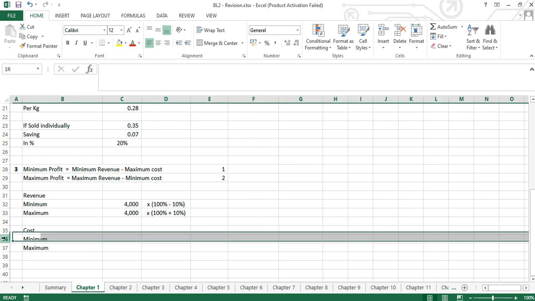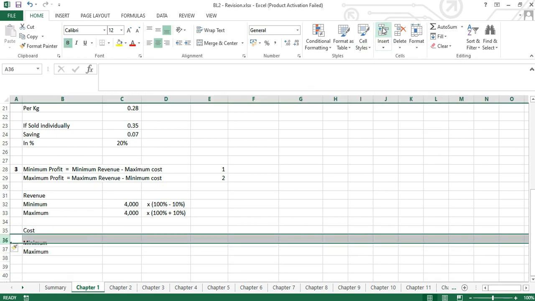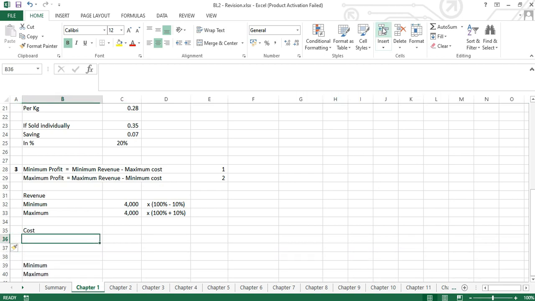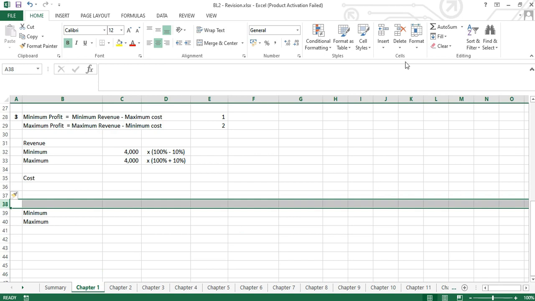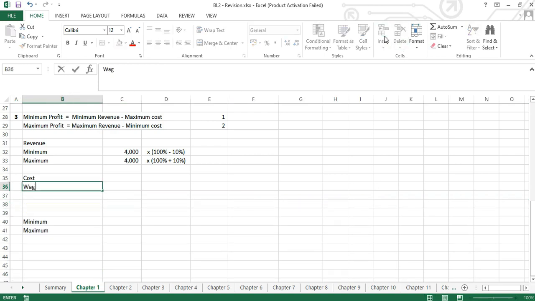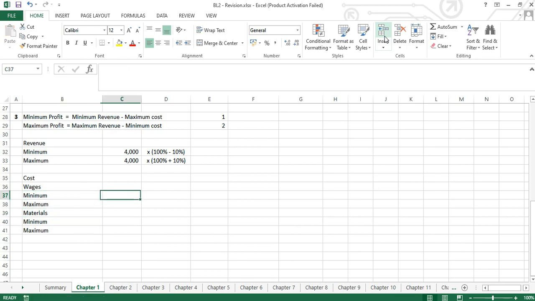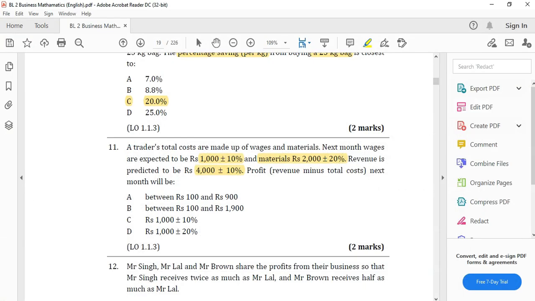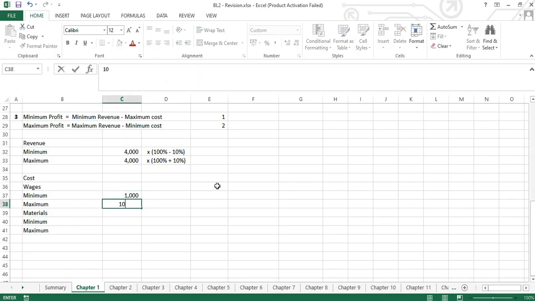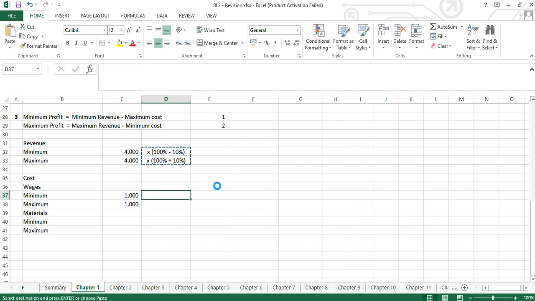So I'm going to choose wages over here and materials over here. Okay, wages base cost is 1000 and varies by 10%, minimum and maximum. Whereas materials base is 2000 varying by 20%.